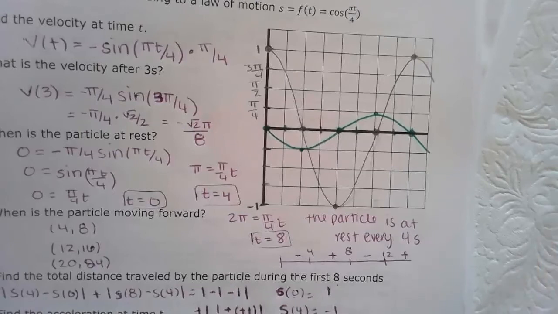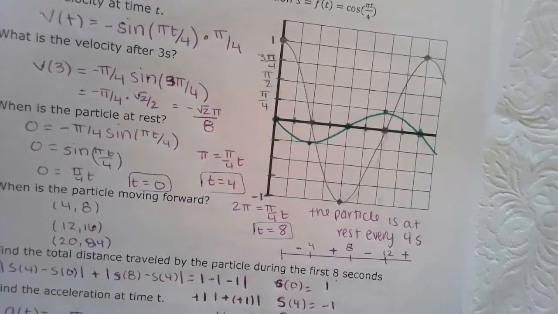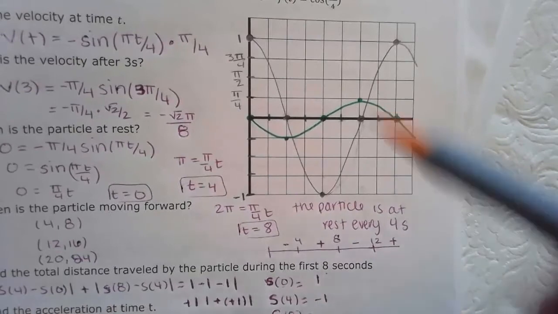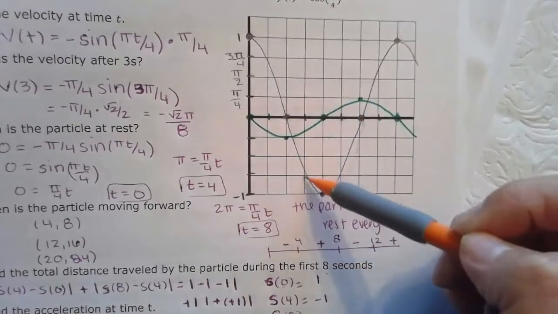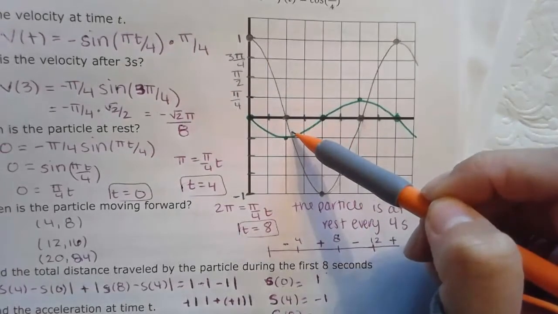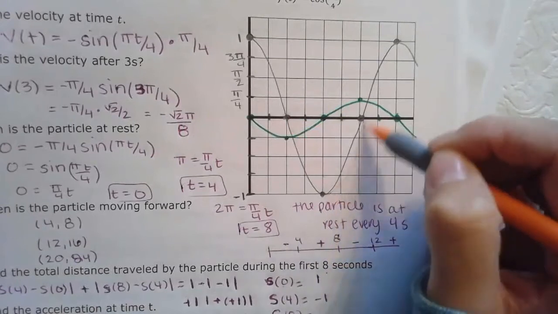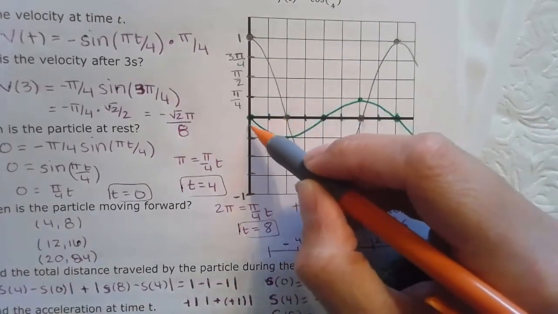The acceleration function is shrunk even smaller than both of those. But what we can do is use that chart from the other day to figure out acceleration. So if this graph is concave down, then the acceleration is negative. If the graph is concave up, then the acceleration is positive.